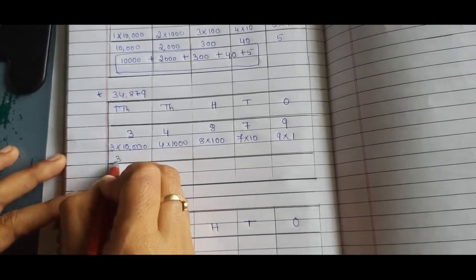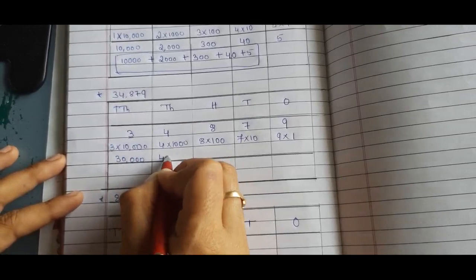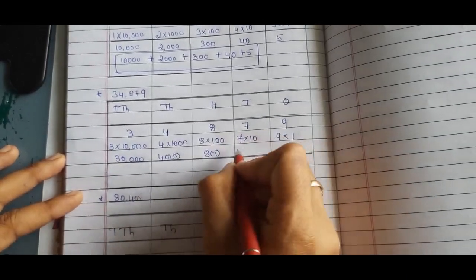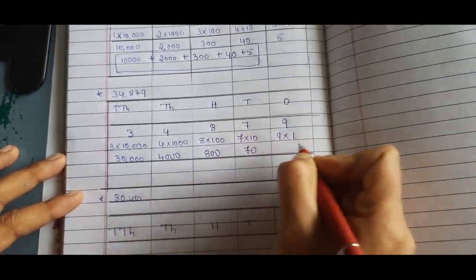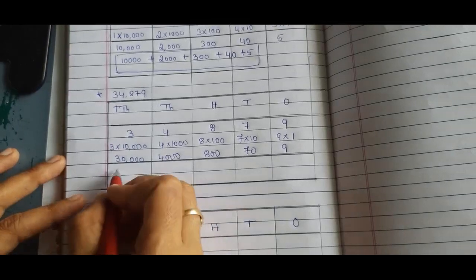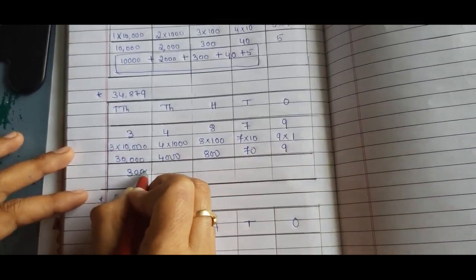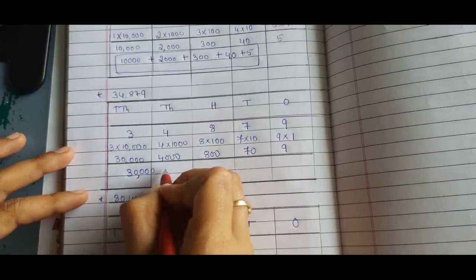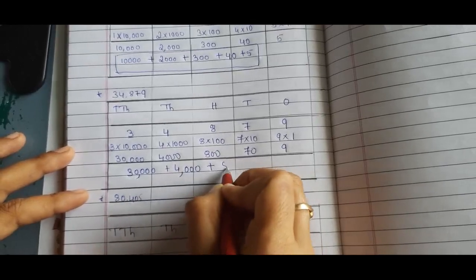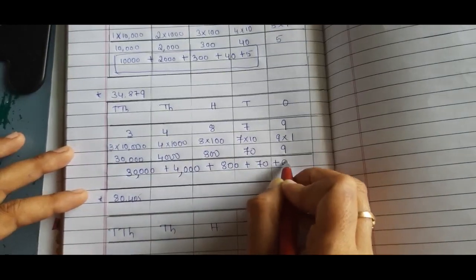3 into 10,000, 30,000. 4 into 1,000, 4,000. 8 into 100, 800. 7 into 10, 70. 9 into 1, 9. Okay. Next, the last step, we have to write in addition form. 30,000 plus 4,000 plus 800 plus 70 plus 9.